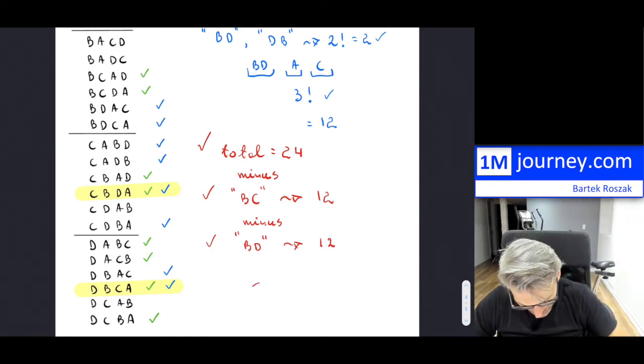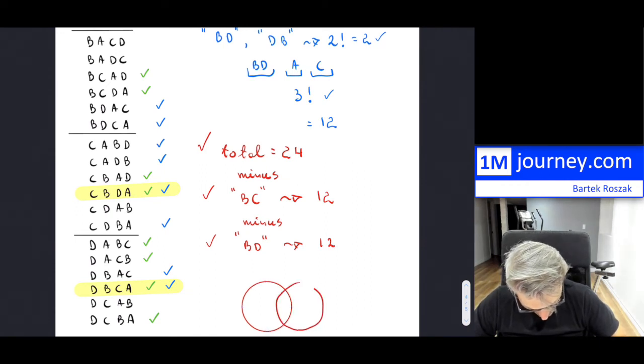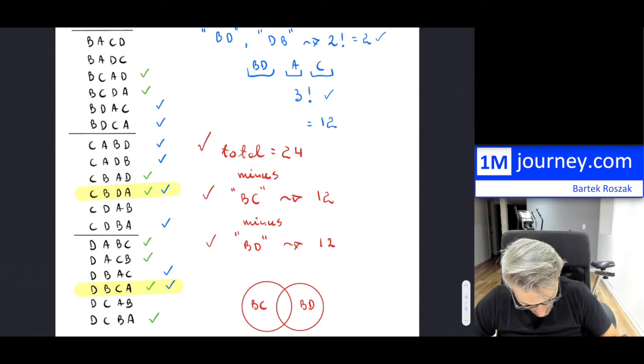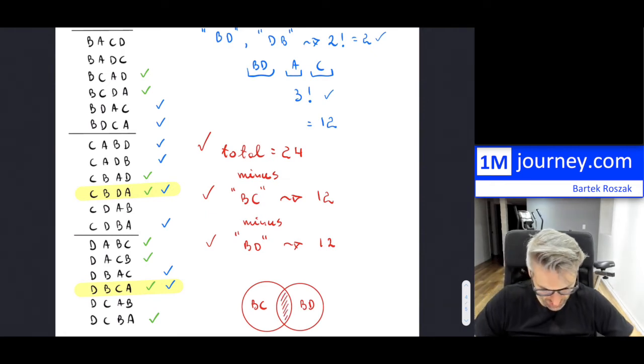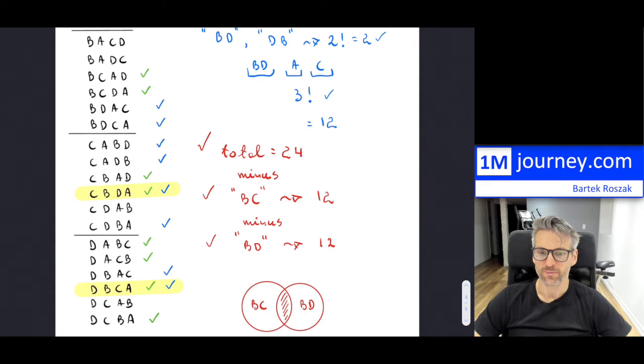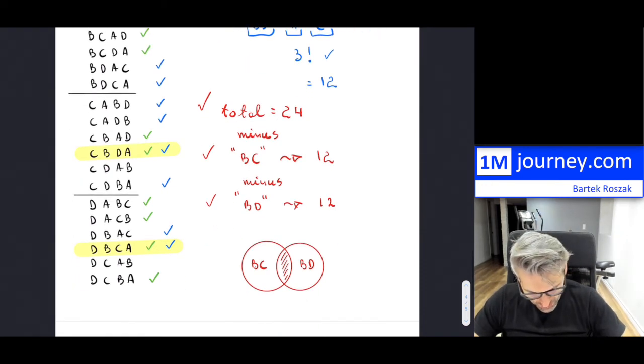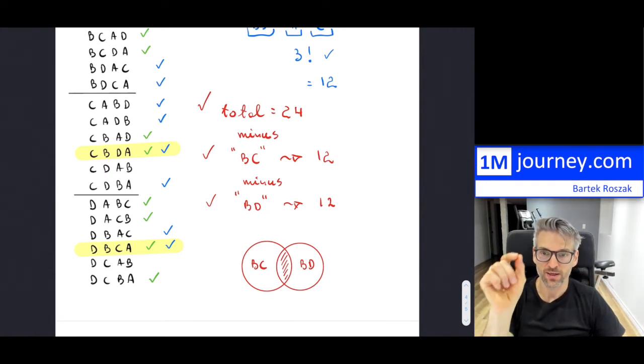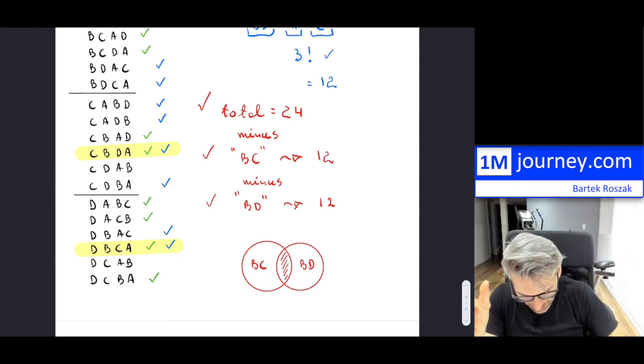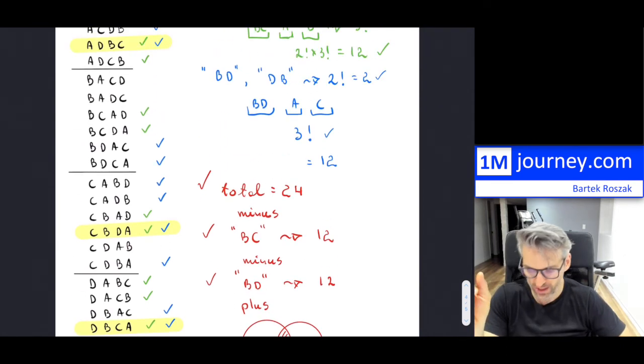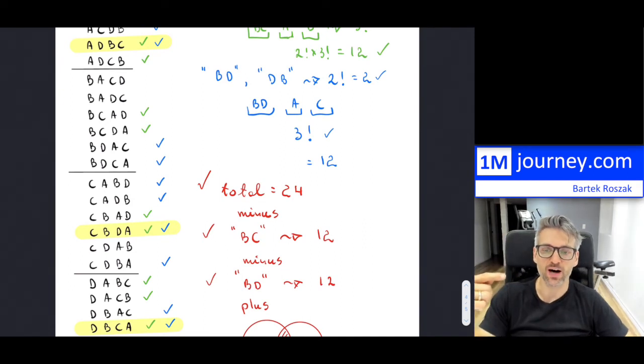It's almost like, and this will come back to you when you start studying Venn diagrams, you have an overlap between B and C and then B and D, which means that you're actually going to be counting them twice sometimes. So when we say total minus when B and C are together, minus when B and D are together, we now have to say plus, because we have to add back what we subtracted 2 times.